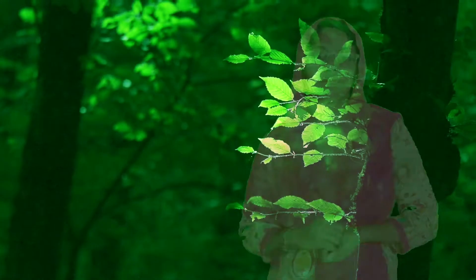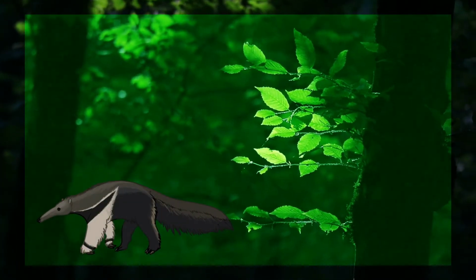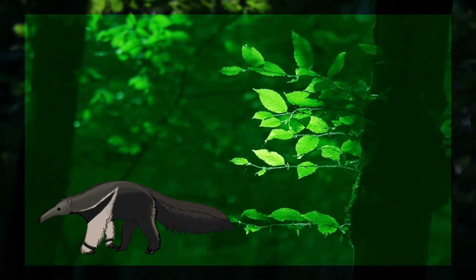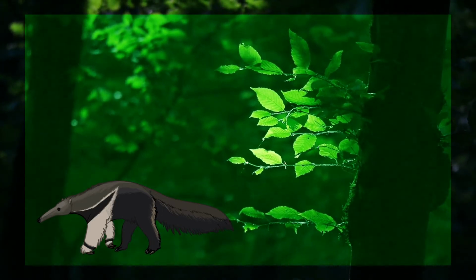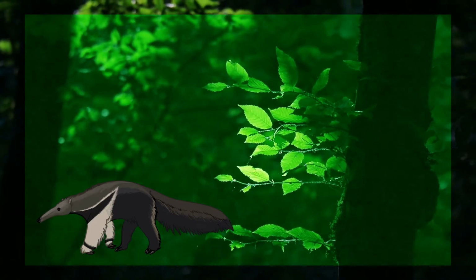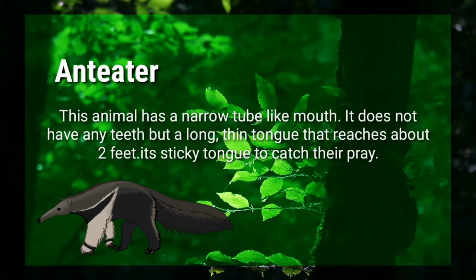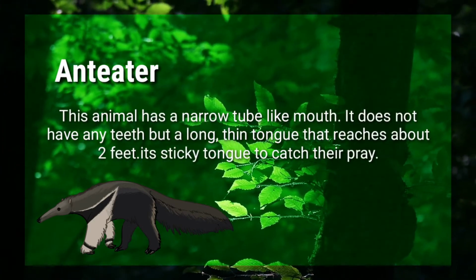Now let me show you some more animals that have a unique mouth. Here it is. Now you are seeing an animal. Have you seen it before? No? Yes, it's an anteater. This animal has a narrow tube-like mouth.